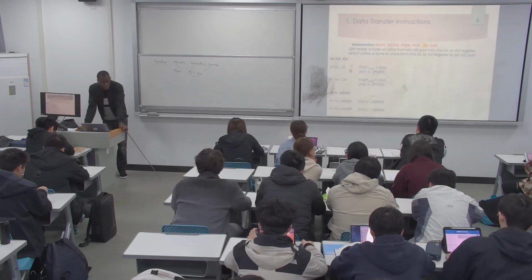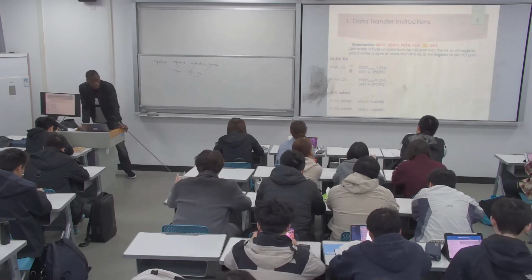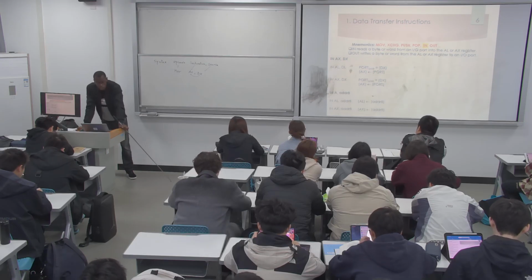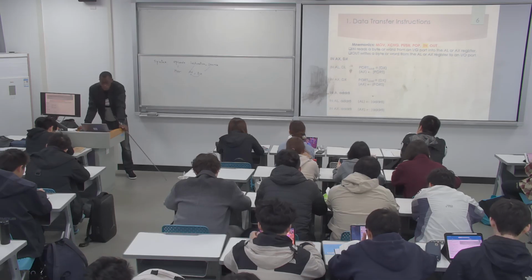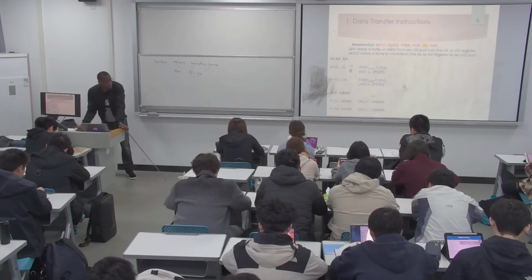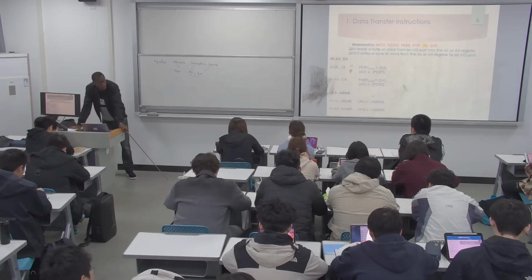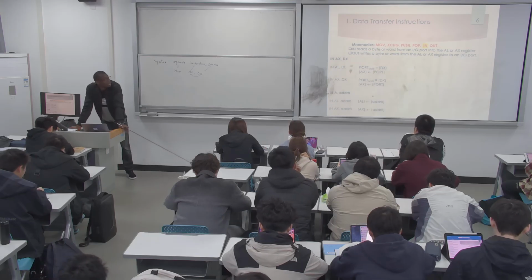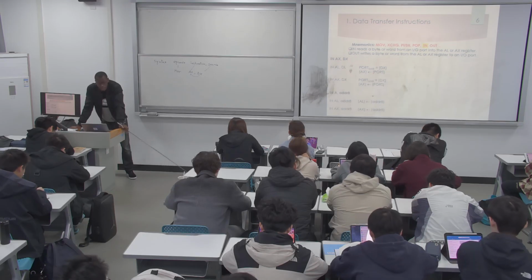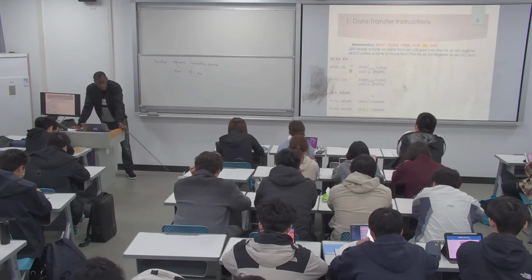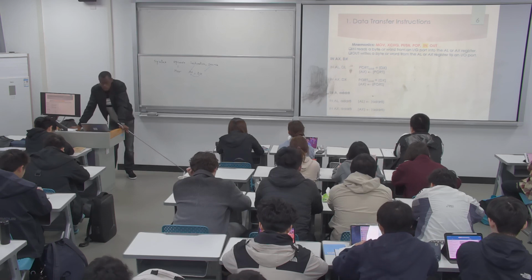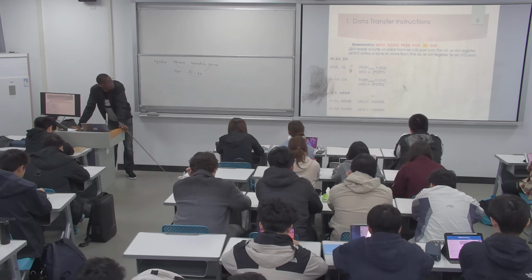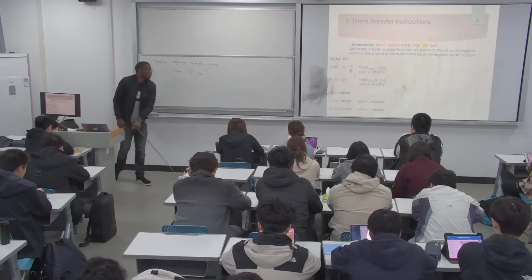Now the in and out instructions. The in instruction is to read data from an input-output port to a register. We read, for example, a byte or a word from an input port into the AL register or AX register, depending on the size of the data. Out is to write a byte or a word from a register to a port.